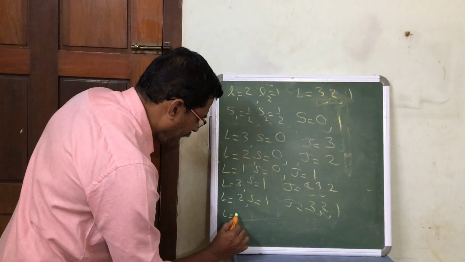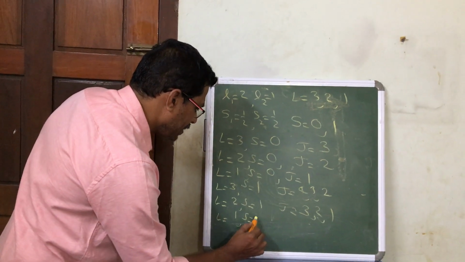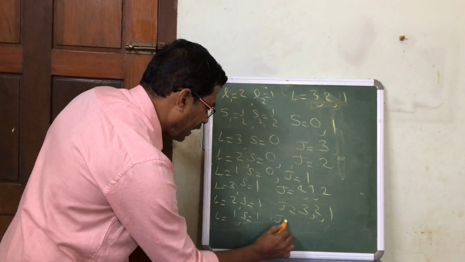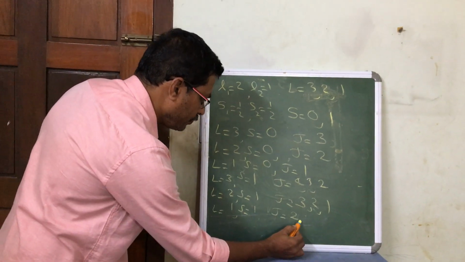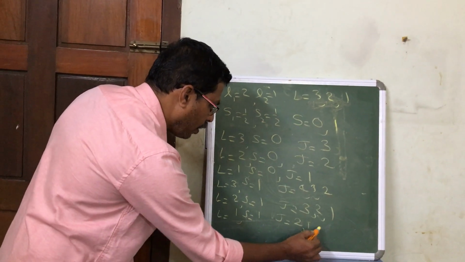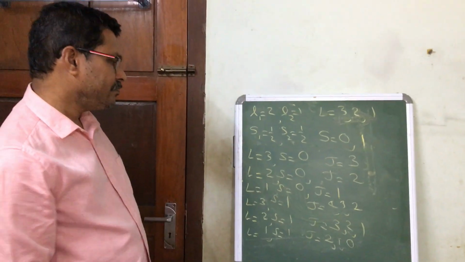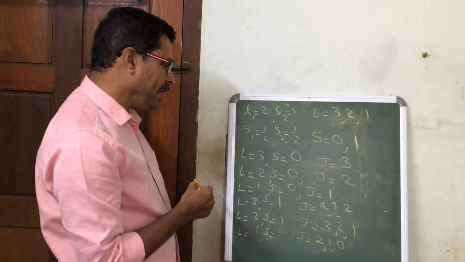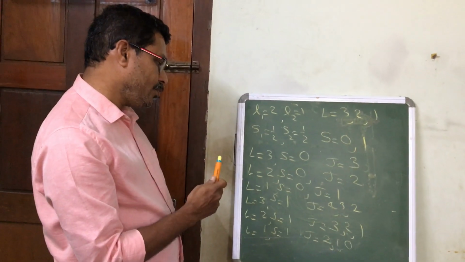And L with 1 and S with 1, J can be L plus S is 2, L minus S is 0, so it is 2, 1, 0. So the possible values of J, you are getting so many combinations. So from these, the possible combinations are 4, 3, 2 and 1.